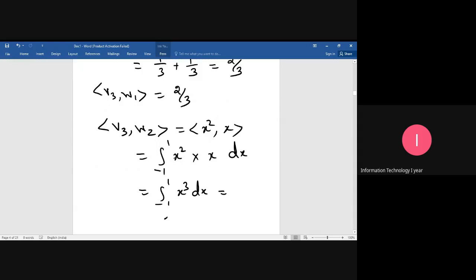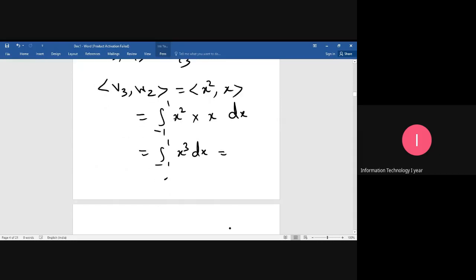The integral of x cube dx: x cube is an odd function. We can apply that concept or do normal integration. It is x power 4 divided by 4 with limits minus 1 to 1. Applying the limits, 1 power 4 divided by 4 minus minus 1 power 4 divided by 4. That is 1 by 4 minus 1 by 4, so we get 0.